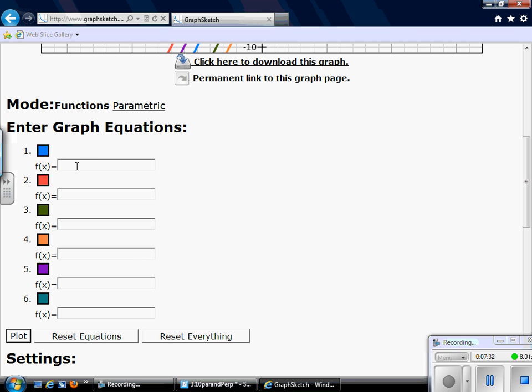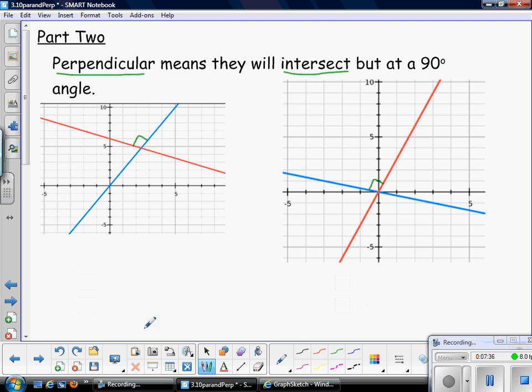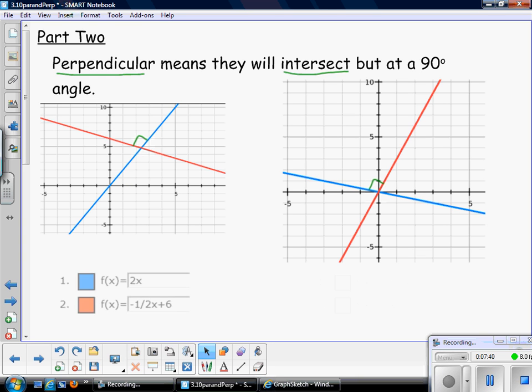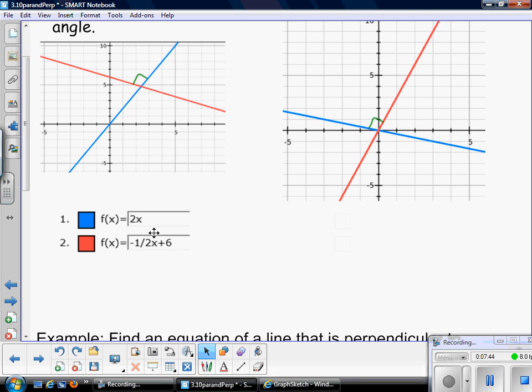So let's try the questions that I have here. I'll tell you what they are. The first one is y equals 2x. And then the red one is y equals negative 1/2 x plus 6. So I'm going to try that.